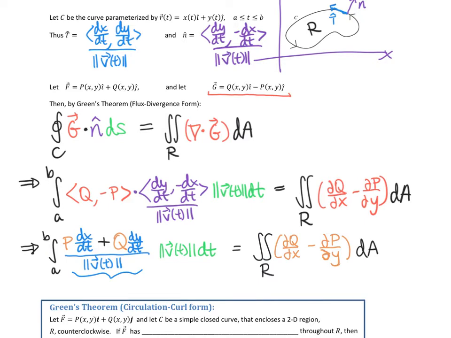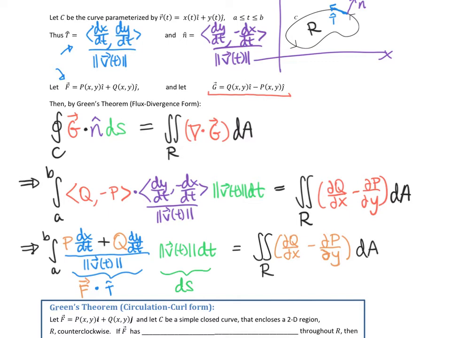Now I want you to look really carefully and tell me if you notice how we could rewrite this first integral on the left in terms of f and t. I tried to make it pretty obvious the way we wrote it. If you look closely, you realize this is exactly the same as the dot product between the vector field f and the unit tangent vector, and this is still just ds here.